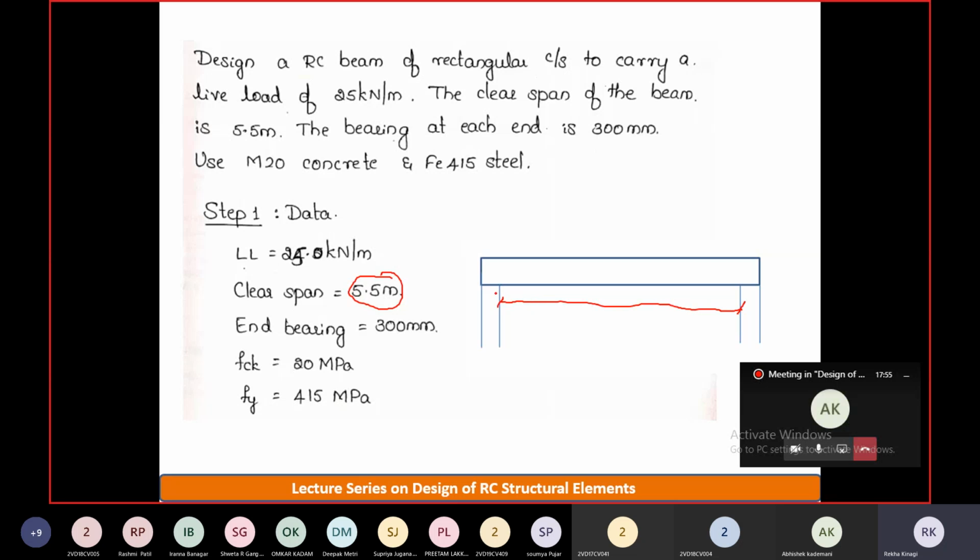The dimension of this support is given as 300 mm, that is end bearing. So the beam is supported on a bearing of 300 mm on either side. It is simply supported, so the clear span is the in-to-in distance between the supports.